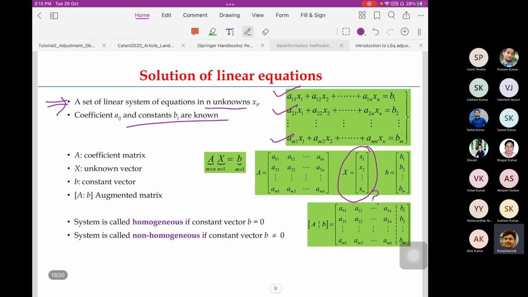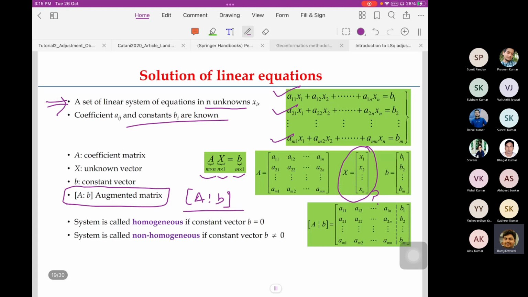We write it as a system in matrix short form, which is Ax = B, where A is the coefficient matrix, x is the unknown vector, B is the constant vector, and this is called the augmented matrix. In BTech you write it as A colon B. That is the way of writing the augmented matrix.